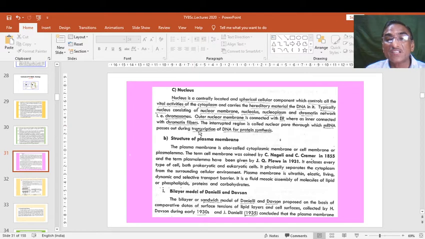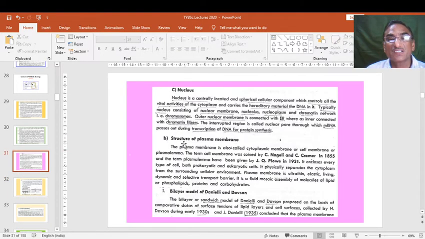The interrupted region is called the nuclear pore, through which mRNA passes out during transcription, and DNA for protein synthesis. So this is the interrupted region where the exchange of nuclear material is carried out.